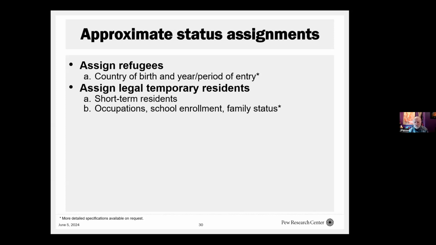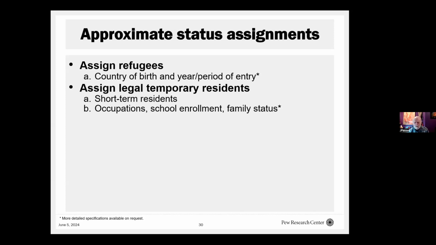The first thing I would do is to go through and try to pull out from the data set the people who appear to be legal temporary residents. This is fairly straightforward. These are people who are short-term residents. These are people in specific occupations. These are people who are enrolled in college and haven't been here very long.